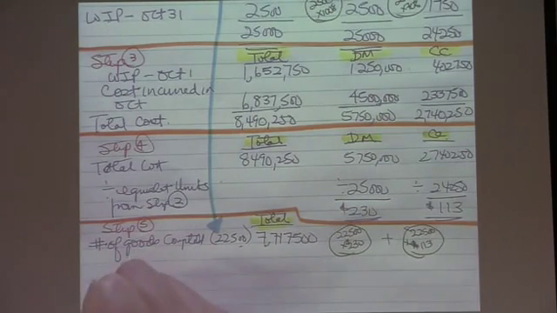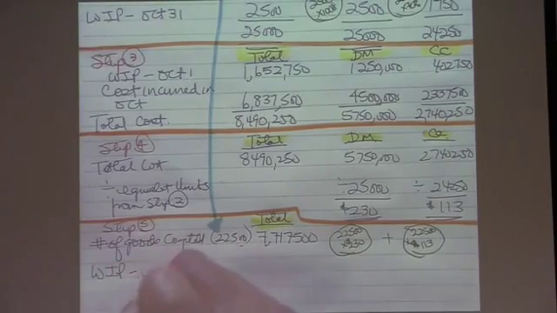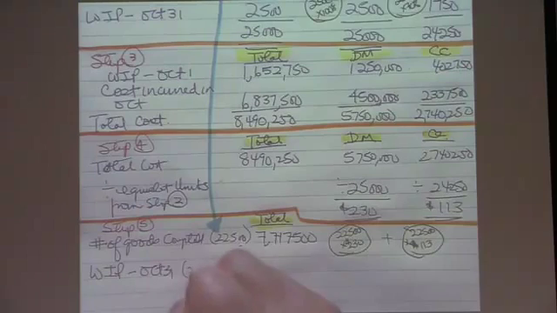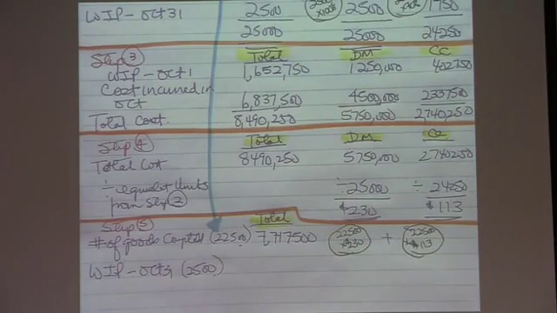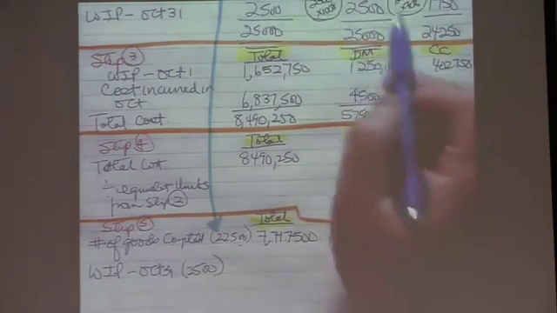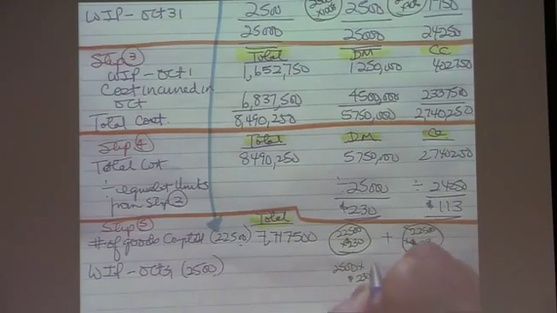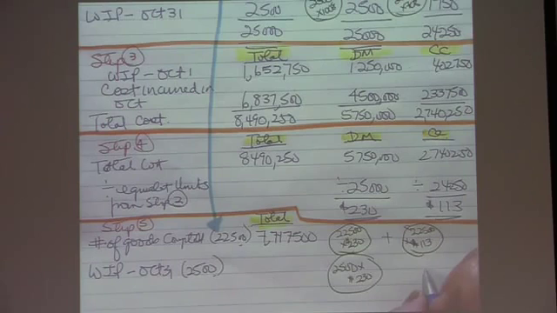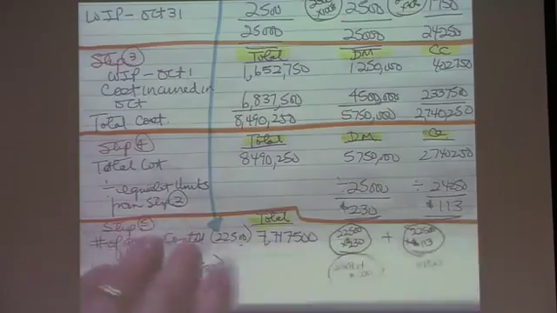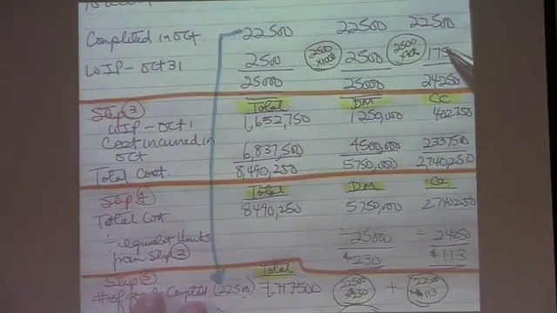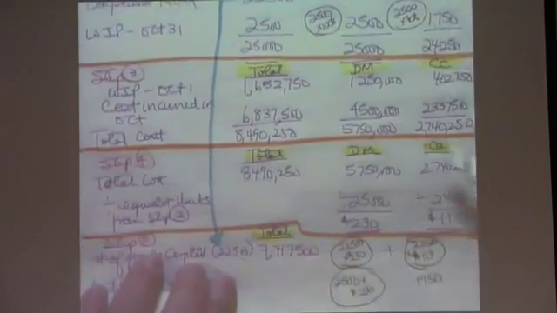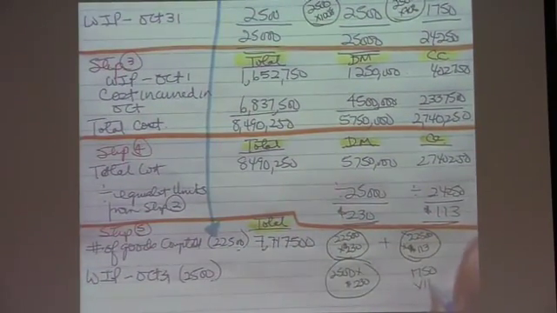Now, how much should be sitting in work in progress? We know there were 2,500 units. So we take the 2,500 that's sitting there, times $230, plus 1,750, which I'm getting from this line here, times $113.